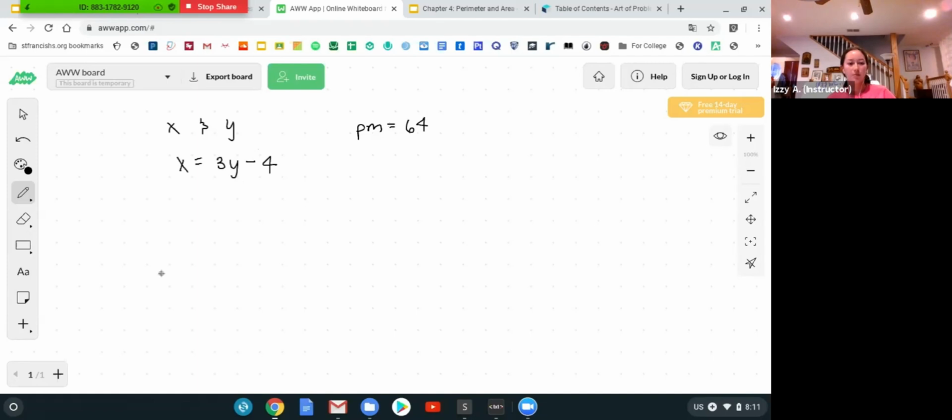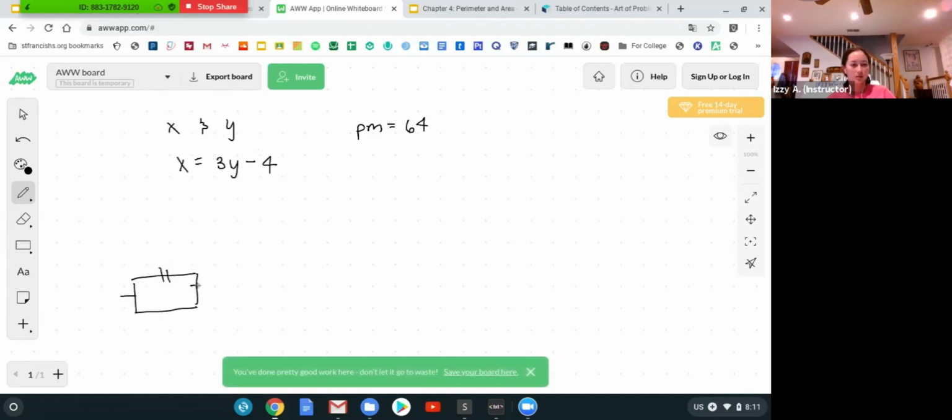In a rectangle, we know that the opposite sides are the same length. So that means that perimeter is going to be equal to 2x plus 2y.